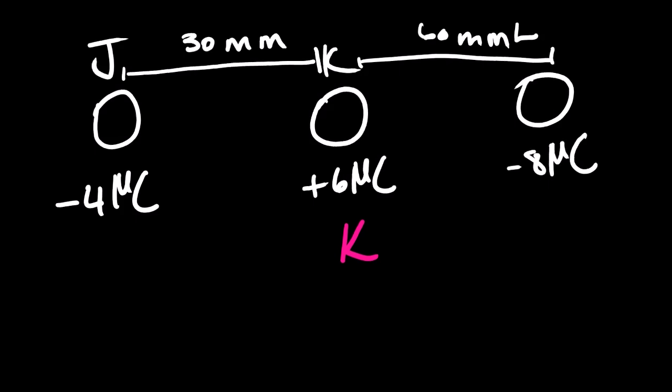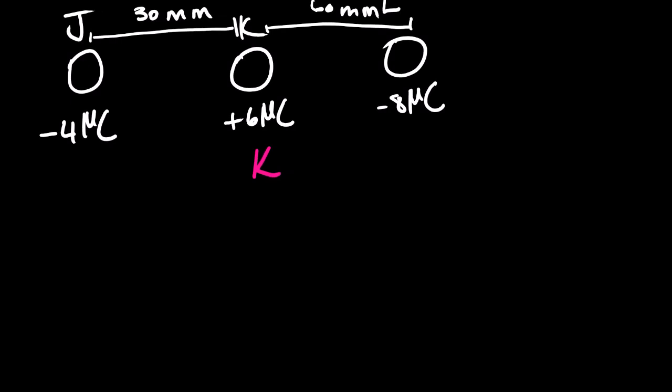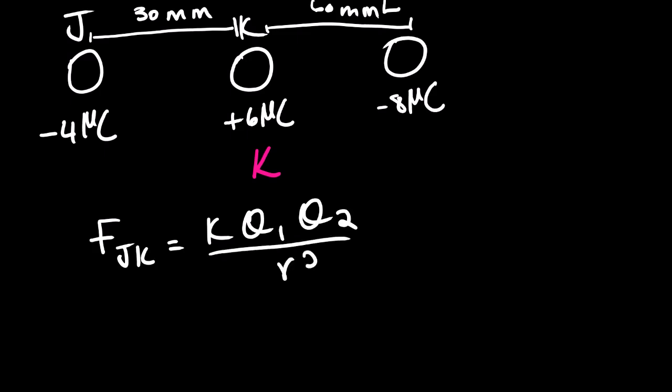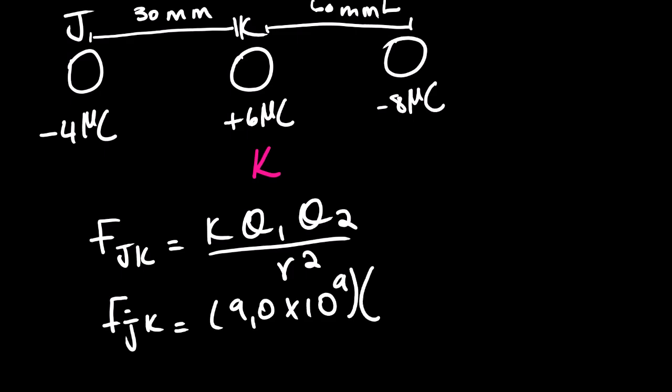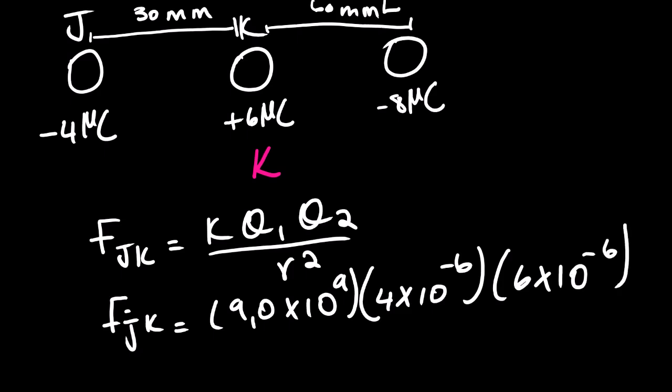The first thing that we need to do is calculate the electrostatic force between J and K, where the equation is this one. We have 9.0 times 10 to the power 9. Then Q1 is 4 times 10 to the power -6, and Q2 is 6 times 10 to the power -6.